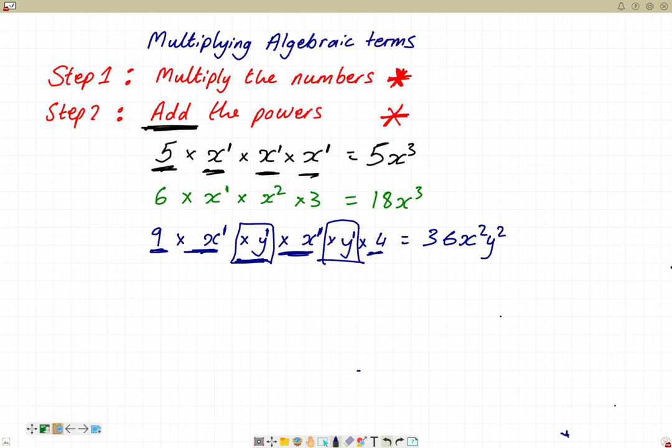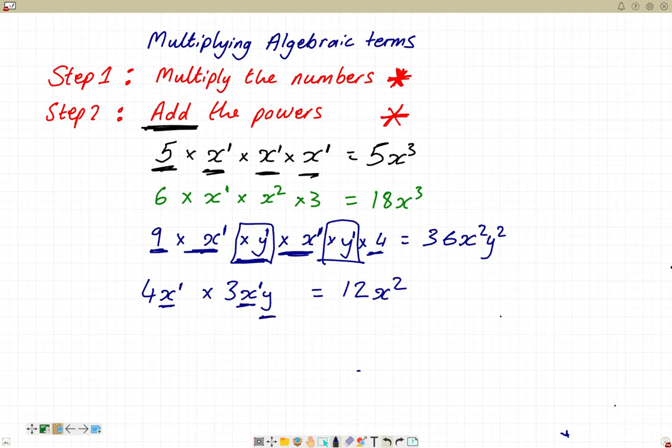Okay, so let's try some harder ones. So let's say I have 4x times 3xy. Now for this one, multiply the numbers. 4 times 3 gives me 12. X times x, I know they're to the power of 1 because I can't see a power. 1 plus 1 is 2, so x to the power of 2.